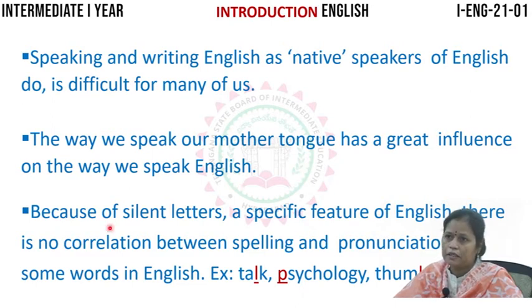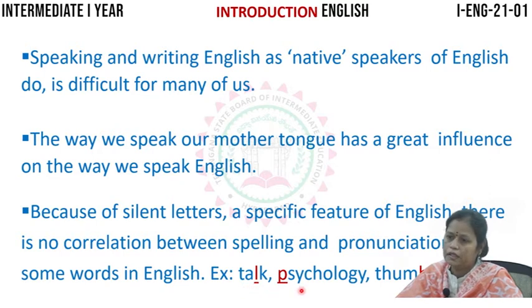This speciality is because of silent letters, which are a specific feature of English, as there is no correlation between spelling and pronunciation of some words in English. For example, talk, psychology, thumb. Here, in T-A-L-K, we won't pronounce L. It is only talk.